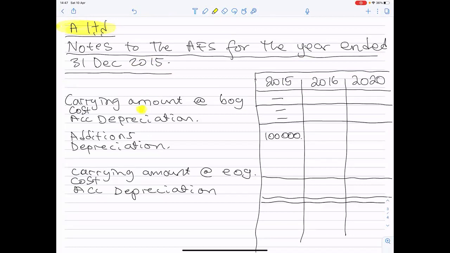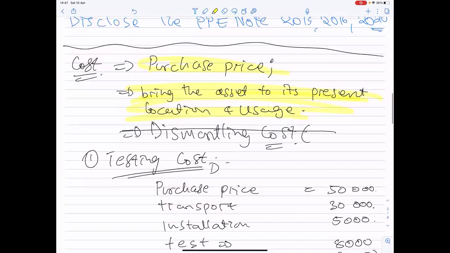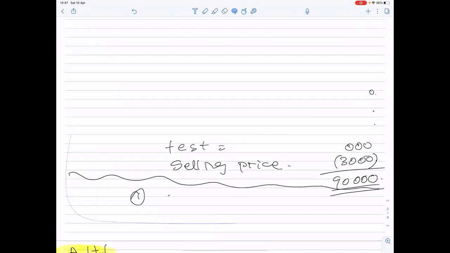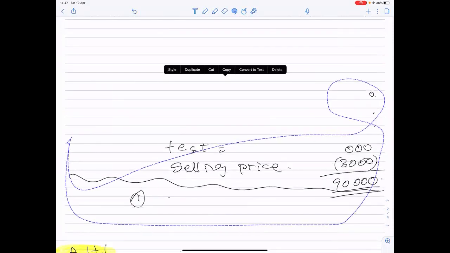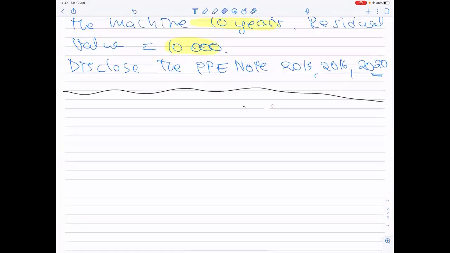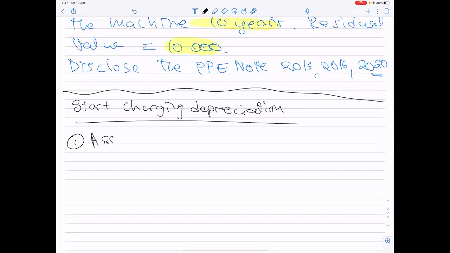Right. The next thing that we want to look at is the issue of calculating depreciation. Now, the important thing is, when do we start charging depreciation? We start charging depreciation when the asset is ready and available for use.